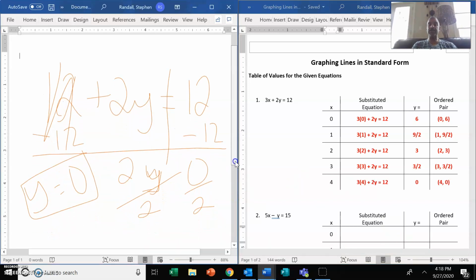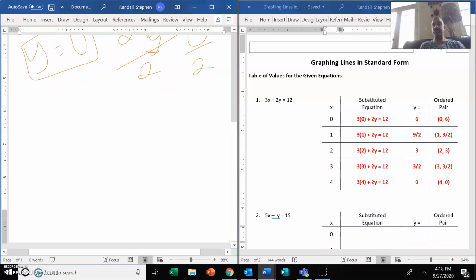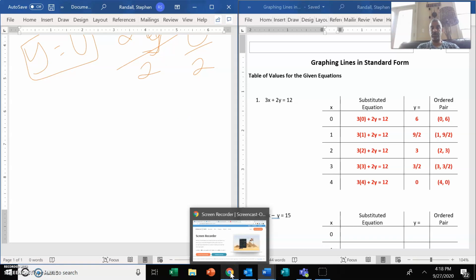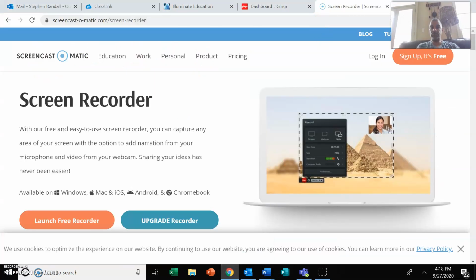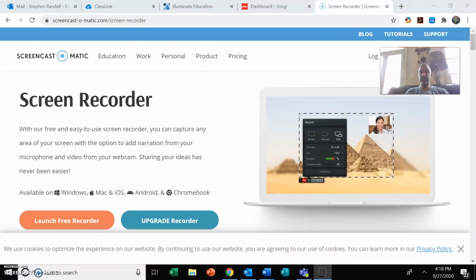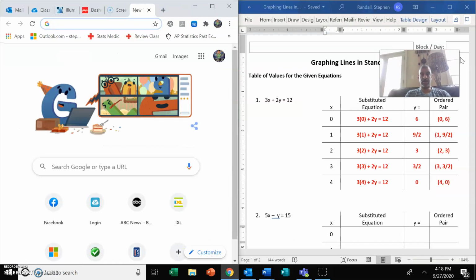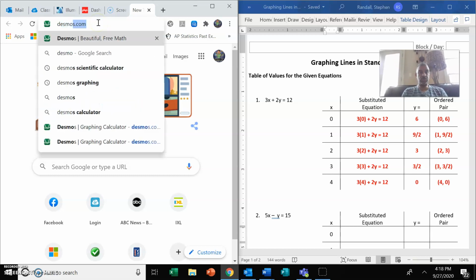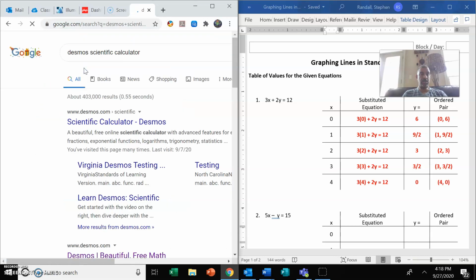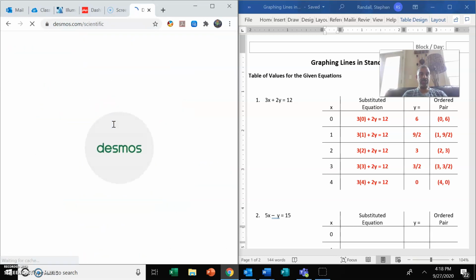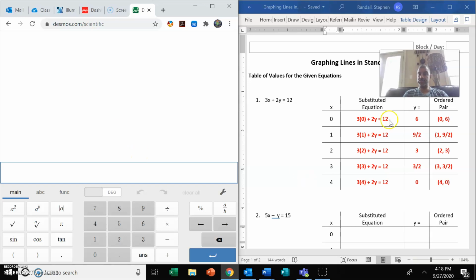And the cool thing is, and you don't have to do this each time, but if I were to go to Desmos Scientific Calculator, we can see how this actually works.